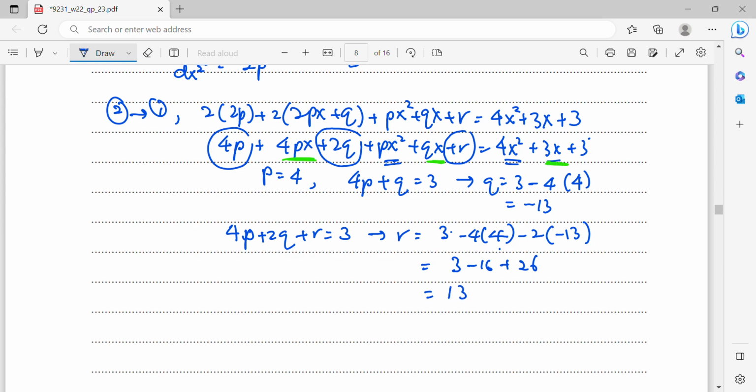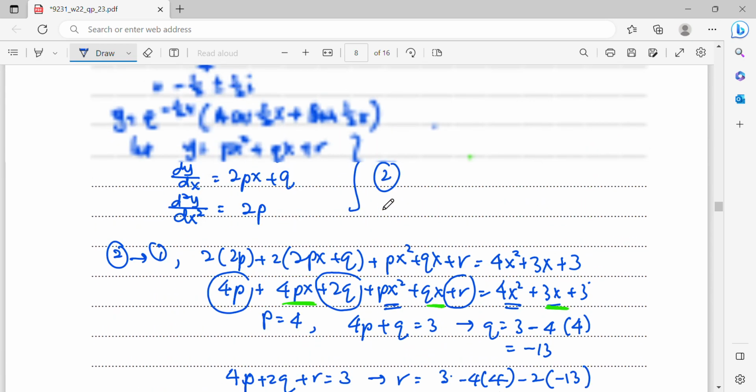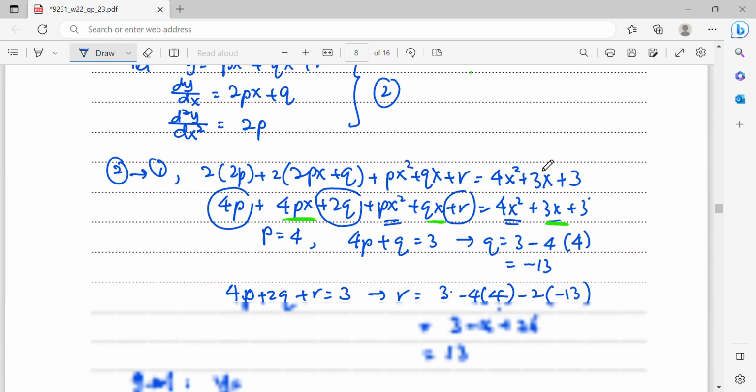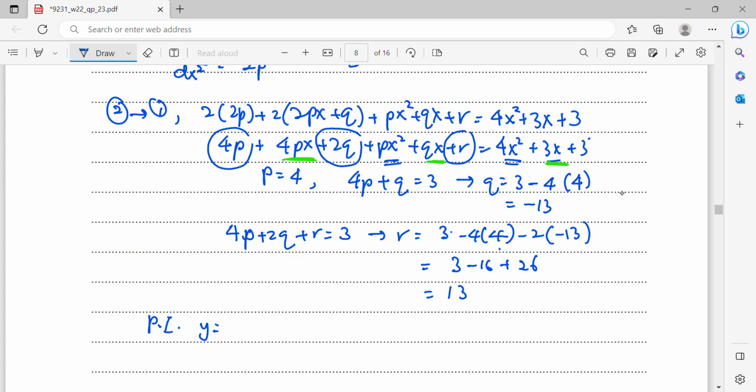Now I will write my general solution. Probably you can write down the particular integral first. The particular integral y equals, just now we let px squared plus qx plus r. So replace it: p is 4, so 4x squared, q is minus 13, then x plus r.